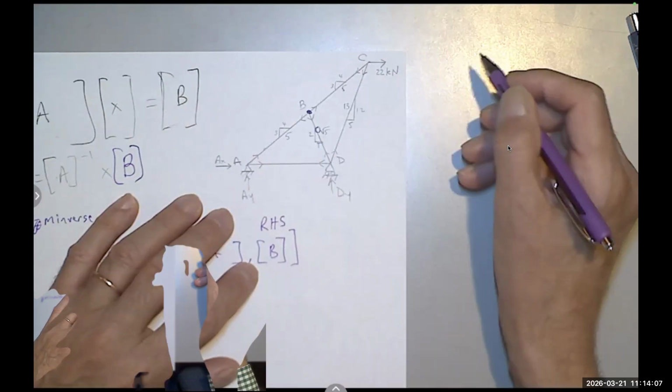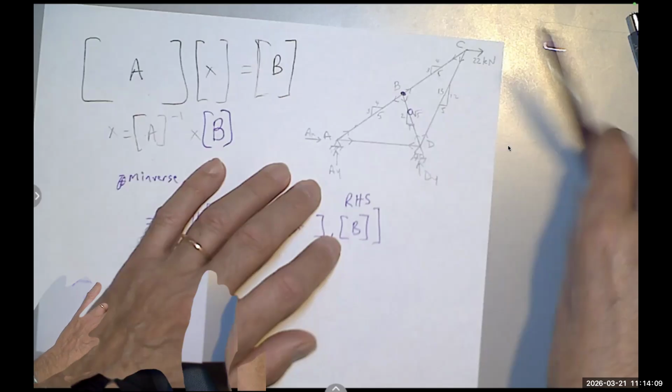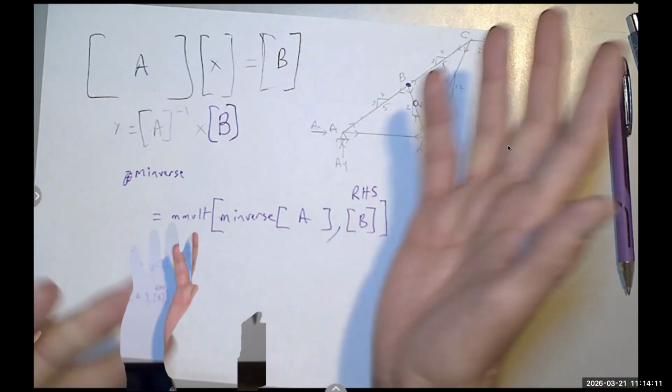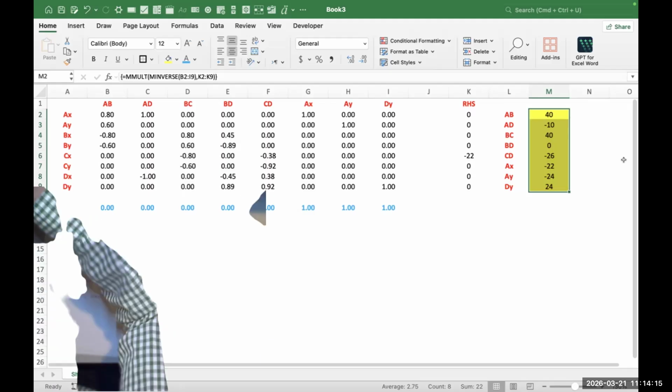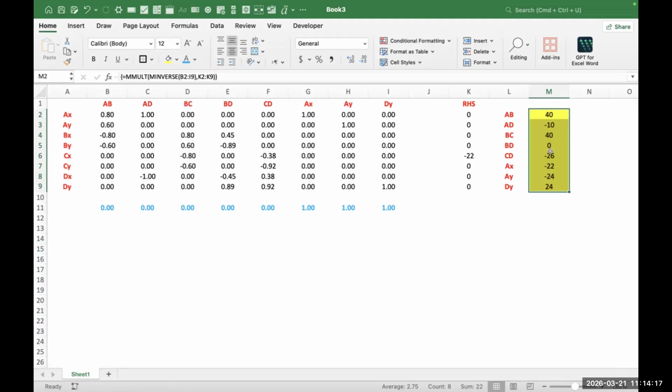We learned that. So we could have just deleted that, but Excel or the computer or the calculator will tell you that. These three forces are compressive, 26, but AX is 22 to the left, AY is 24 down, and DY is 24 up.